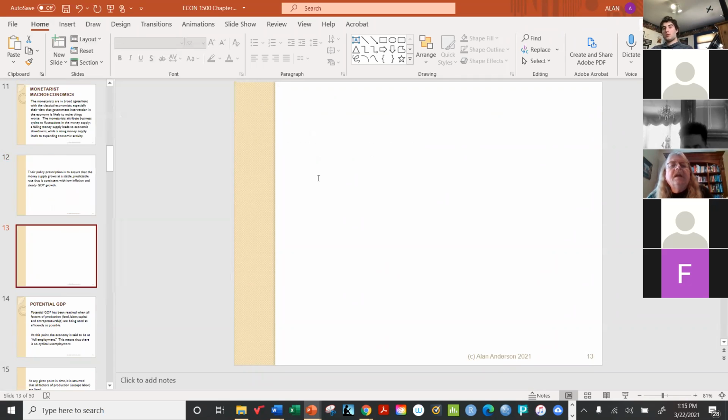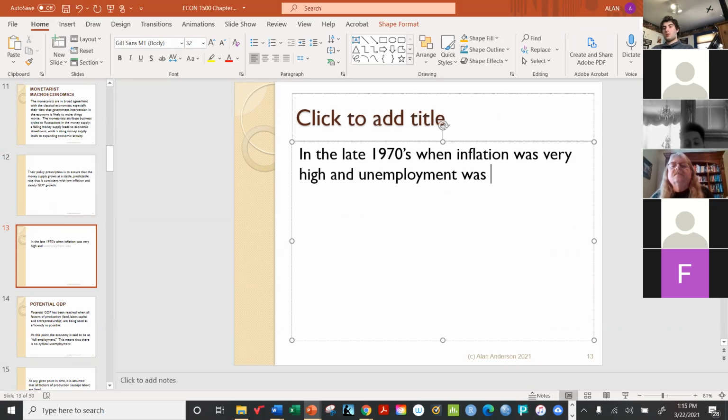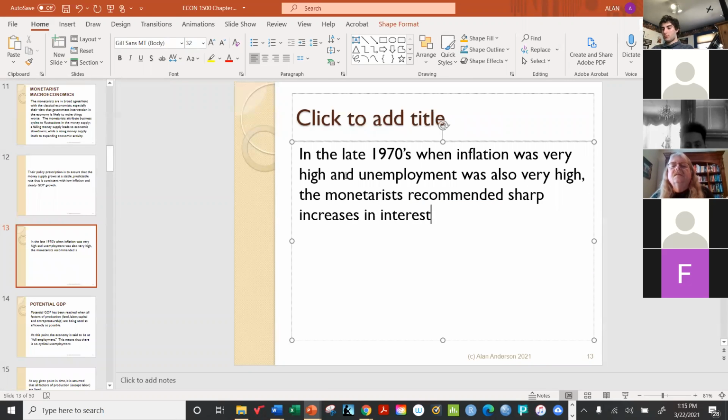So in the early 80s, or actually the late 1970s, when inflation was very high and unemployment was also very high, the monetarists recommended sharp increases in interest rates that would reduce the rate of inflation to more normal levels.